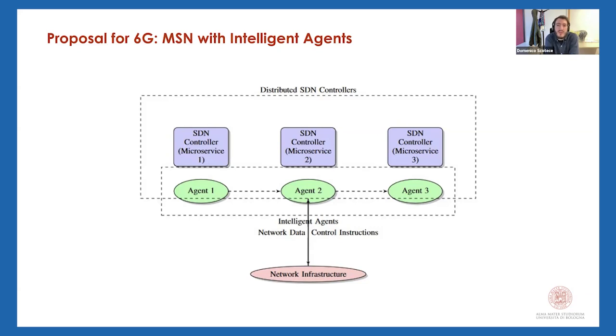The idea is to transform the SDN controller microservice functionality into an agent. An agent is the same concept, a software component, the same concept as a microservice, but with the idea of having intelligence inside.